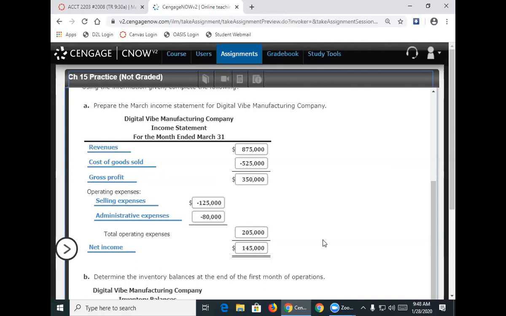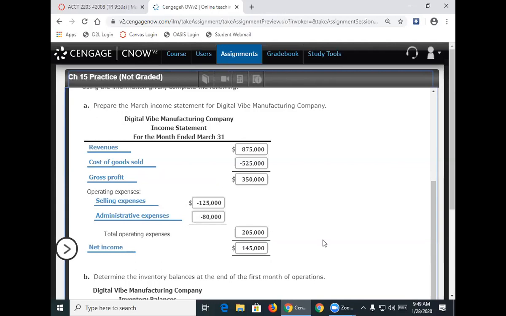Unless it tells you in the instructions to put a negative in, you don't have to. I've never learned their rhyme or reason on when they want negatives and when they don't. Either way, it'll count it correct. I just like to see the subtraction there.